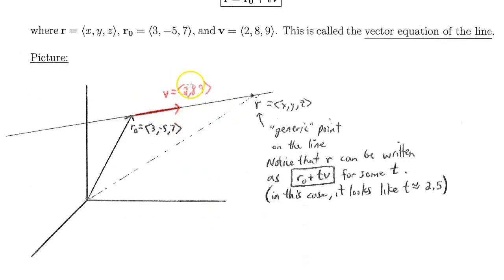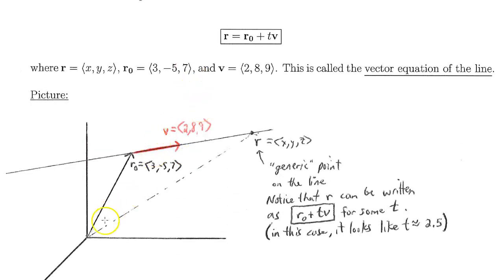Another way to think about this in terms of the vector equation is you have this r naught, which is 3, negative 5, 7. So this point right here would be the ordered triple 3, negative 5, 7. And then this v is the direction vector that you're going. And the generic point on your line is the xyz. So this point here could be any point along this line.